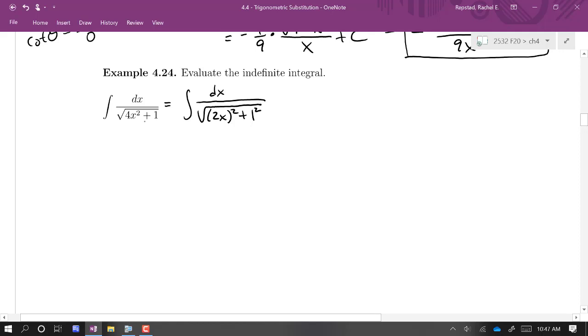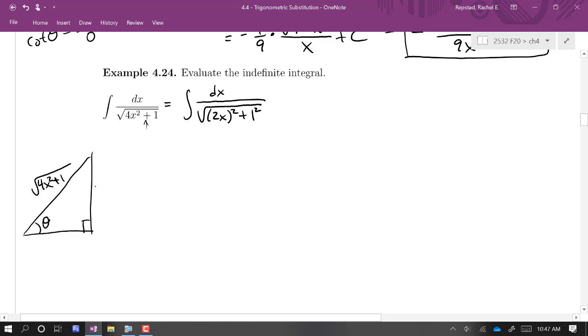Now, when we have a sum inside that radical, then it's the radical itself that has to be the hypotenuse. So my hypotenuse is the square root of 4x squared plus 1. And then my two legs, one of them will be 1 and one will be 2x.